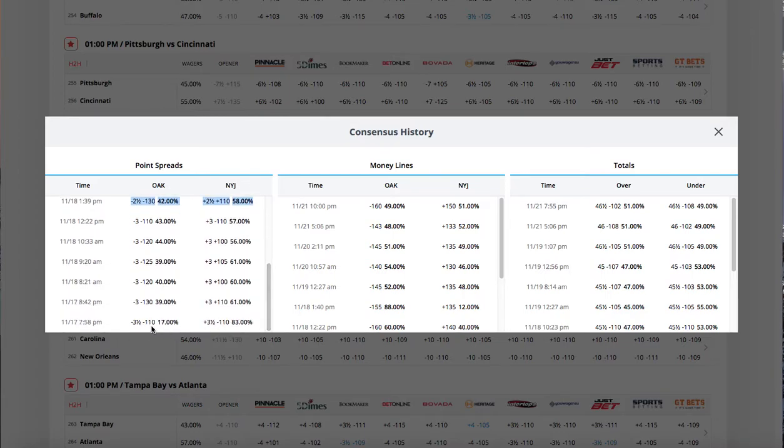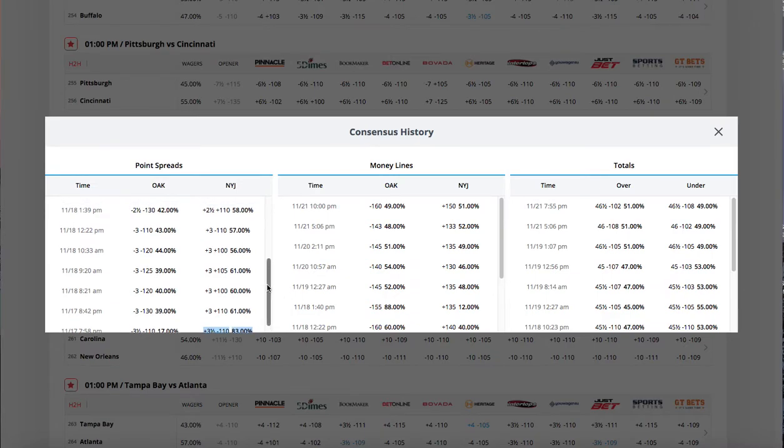So this would be a case where if you were looking to play Oakland and you saw this immediately, plus 3.5 with 83%, you can anticipate that the line is going to improve for Oakland, right? Whereas if you planned on playing the Jets and you see 83% here, you can make the assumption, hey, this is the time to play the Jets, because it looks like the public is on the Jets and the line will move, and it did.